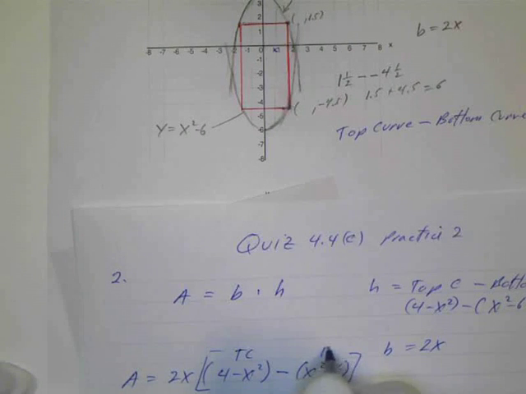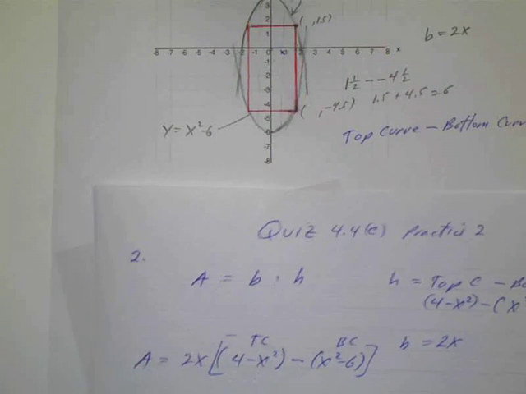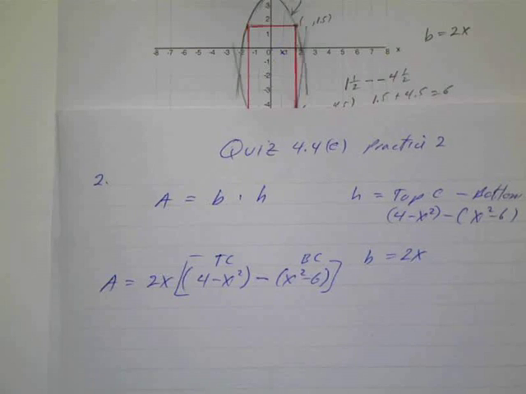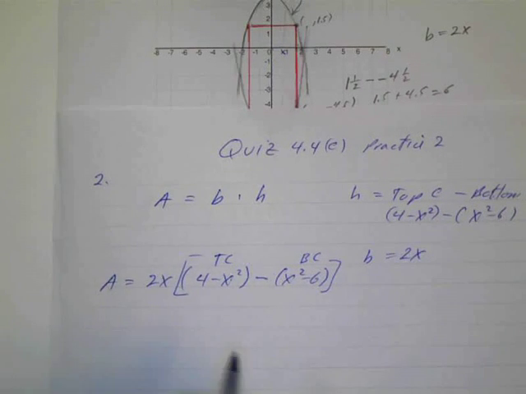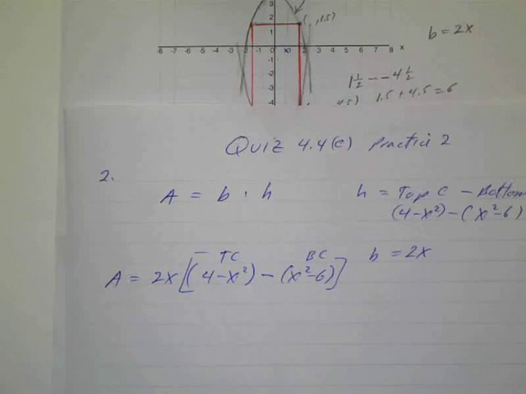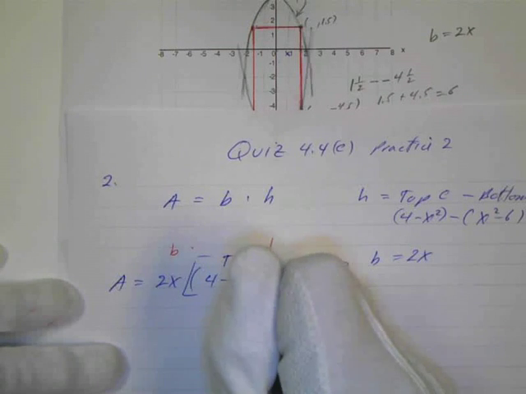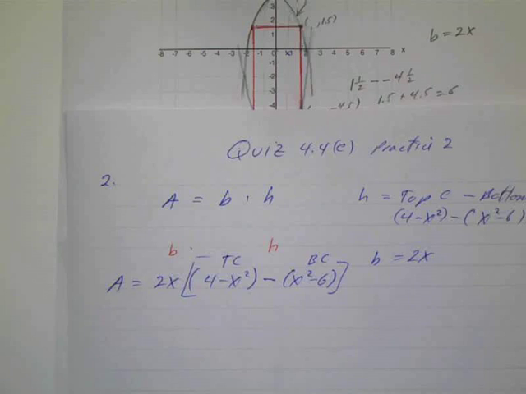Top curve, bottom curve, and that's going to give me my height. You can see that there. Okay, so take a look at that. So this is my base here, (2x), and this is my height, top curve minus bottom curve.